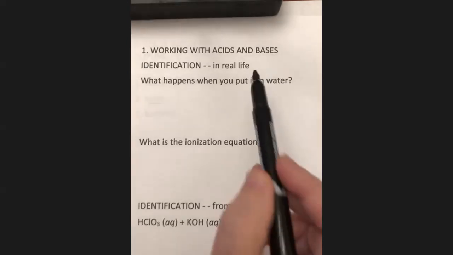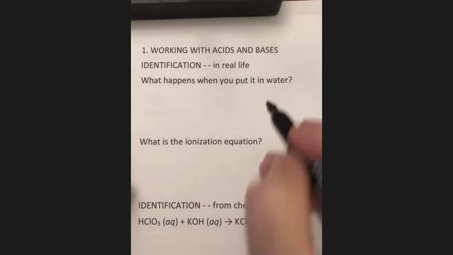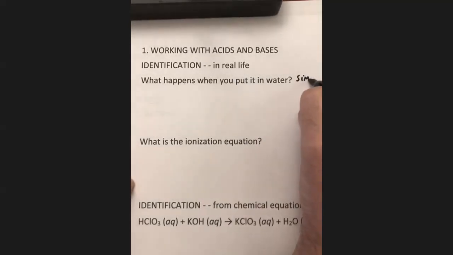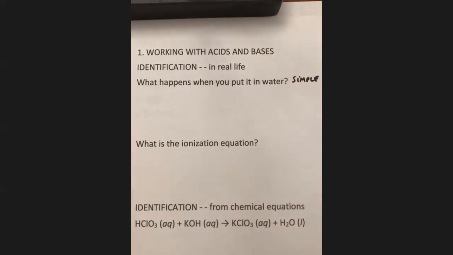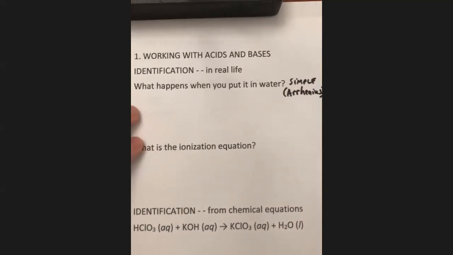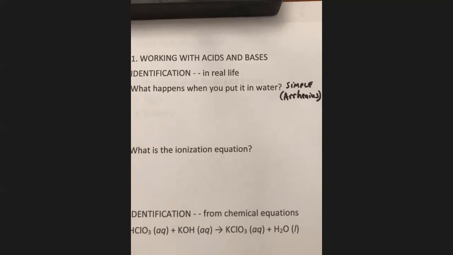In real life, the simplest approach is to ask ourselves, what happens when you put it in water? This is essentially the basis for the first definition of acids and bases, which was given by Arrhenius.